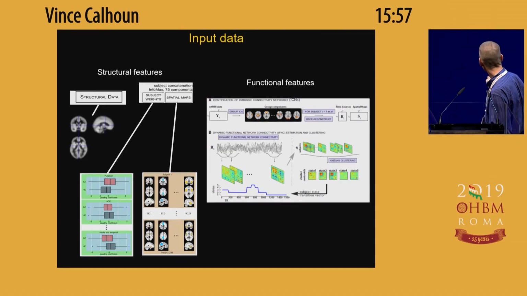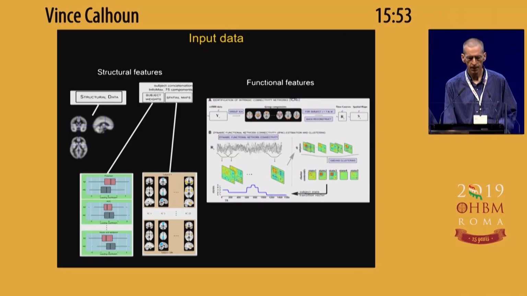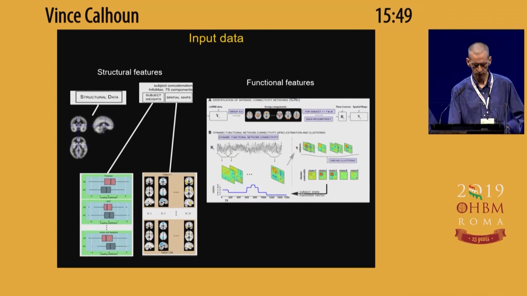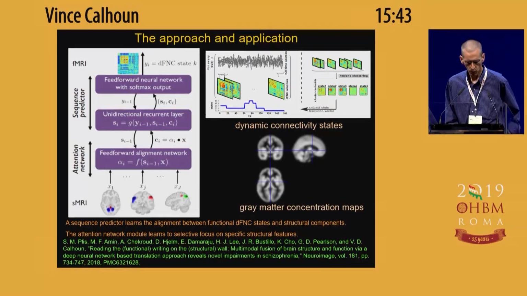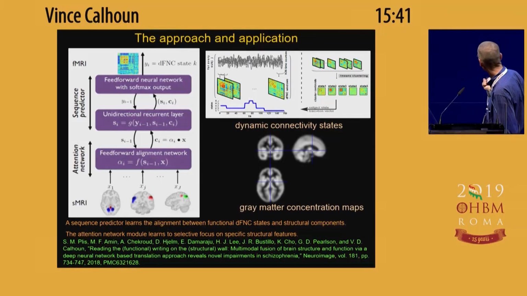Okay, so this is a state vector, and the state vector is kind of like the caption in the previous example I showed you, and the structural data is kind of like the picture itself. And so what we've got is a model with a sequence predictor that takes the dynamic functional network connectivity as input, and an attention network that has the structural information that comes from the gray matter.